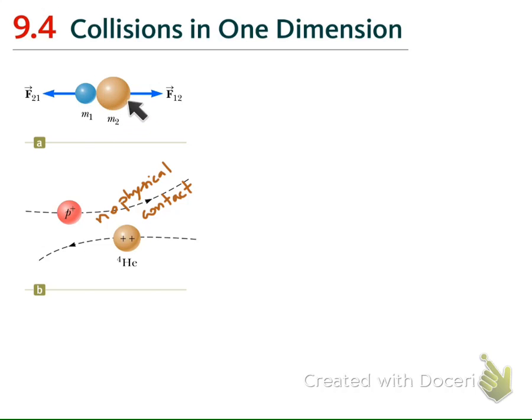This is quite clear for the situation in figure A. That is, the interaction force, which is the contact force, exists only when these two objects touch each other. So this happens in a very short time.